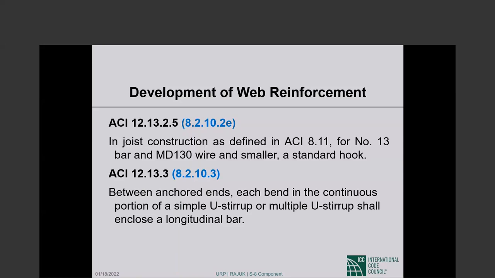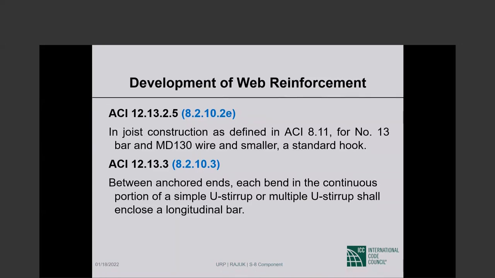Now we are saying that when it makes these bends, around the bottom bar and then again around the bottom bar, there needs to be bars at those locations. So you should not bend a stirrup and not have the bend supported by a longitudinal bar. So between anchored ends, each bend in the continuous portion of a simple U-stirrup or multiple U-stirrup shall enclose a longitudinal bar.